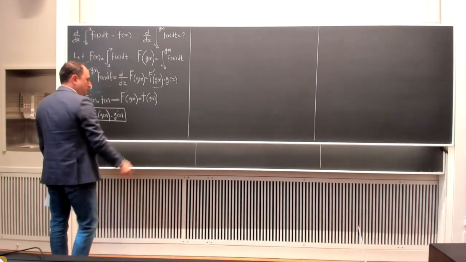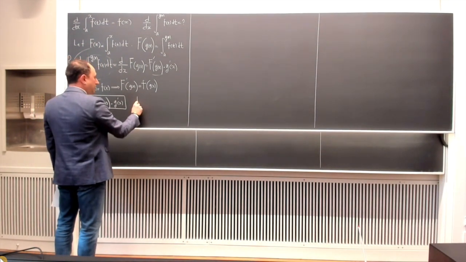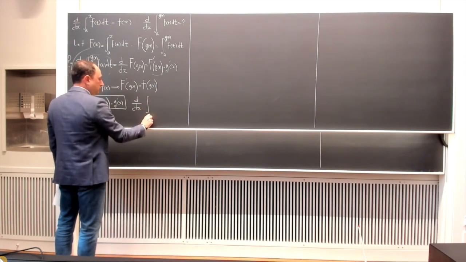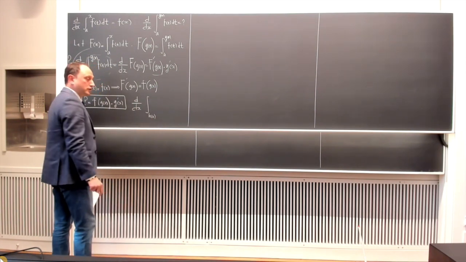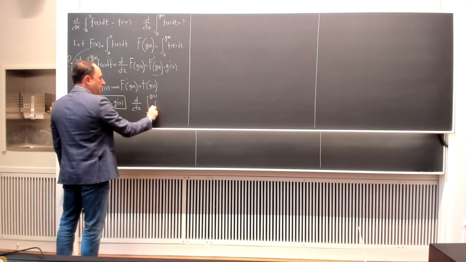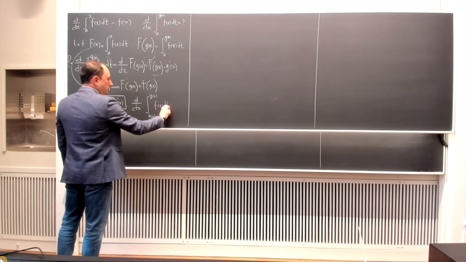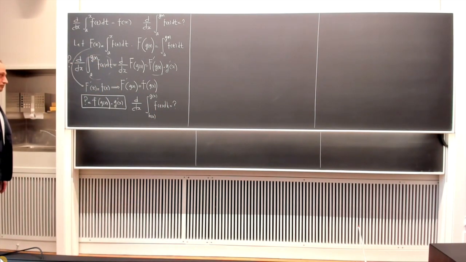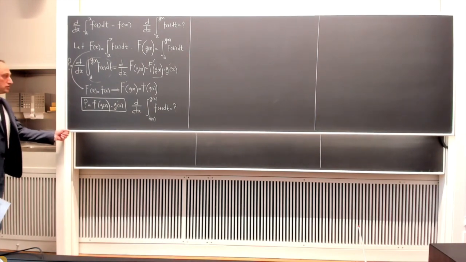So what do you think about this type? For example, I ask you, what is the derivative of this integral, for example, from a differentiable function h of x to another function g of x, of f of t dt. So this time, I want to answer this question. Okay? So how can I do that?